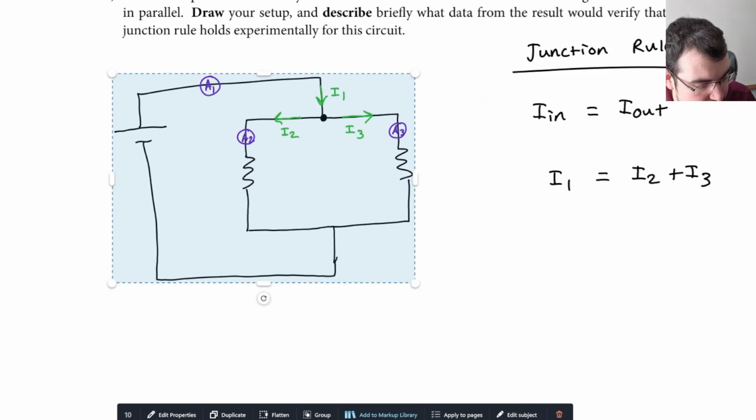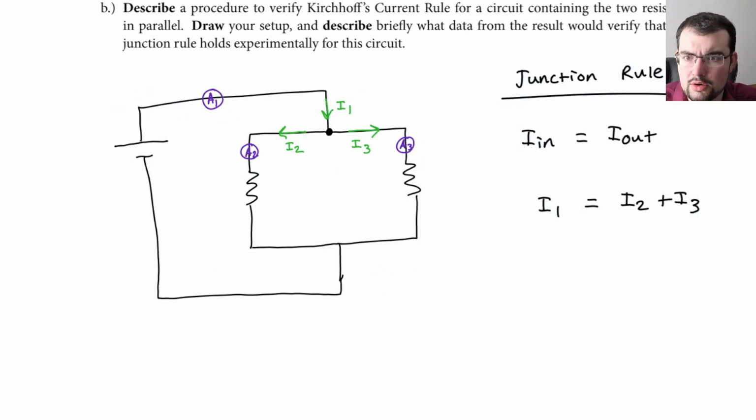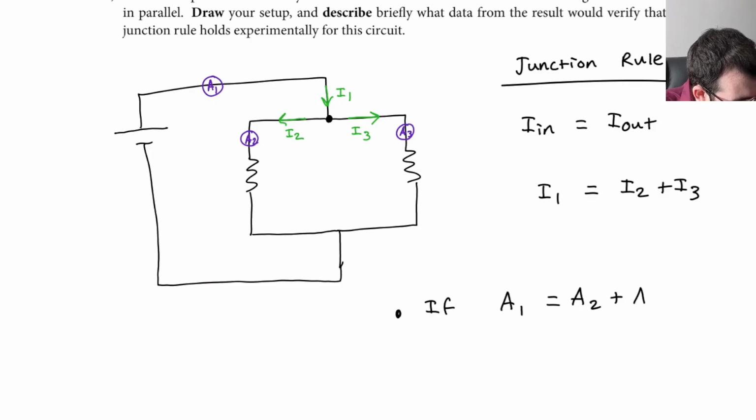What would it mean for this junction rule to be satisfied? Well, we're just checking that the readings on these meters work out. So if the total current meter reading is equal to the sum of the readings on the branch current meters, the junction rule is satisfied.